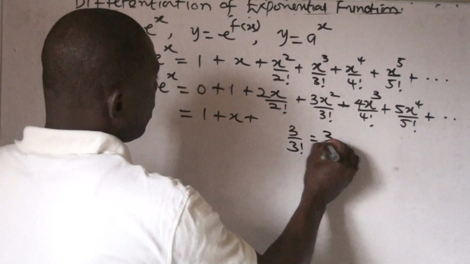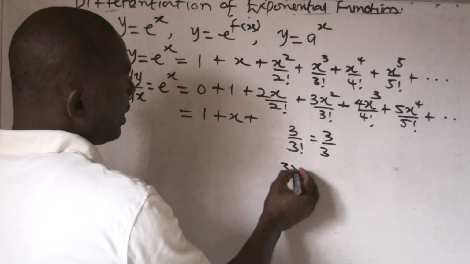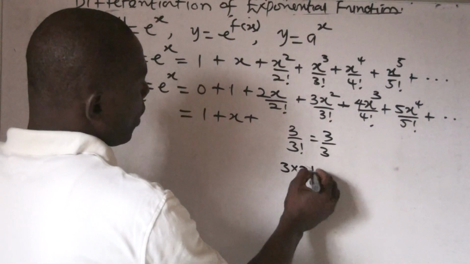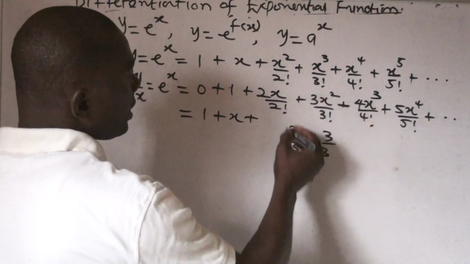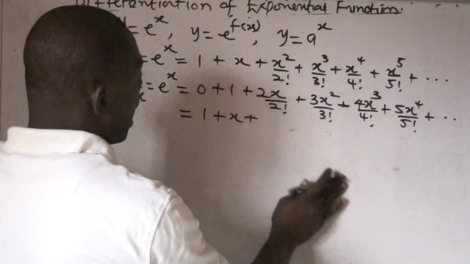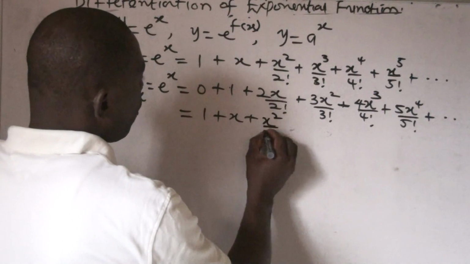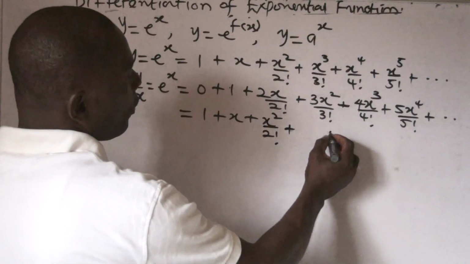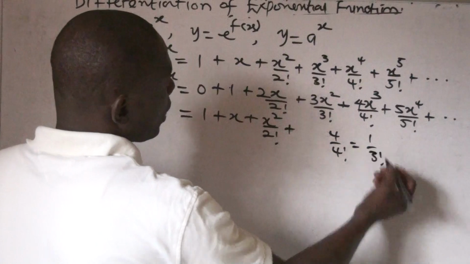To expand this factorial, 3 factorial means 3 times 3 minus 1, that means 3 times 2, so we can say 3 times 2 factorial. So this expression becomes x squared over 2 factorial plus, similarly, 4 over 4 factorial is the same thing as 1 over 3 factorial.